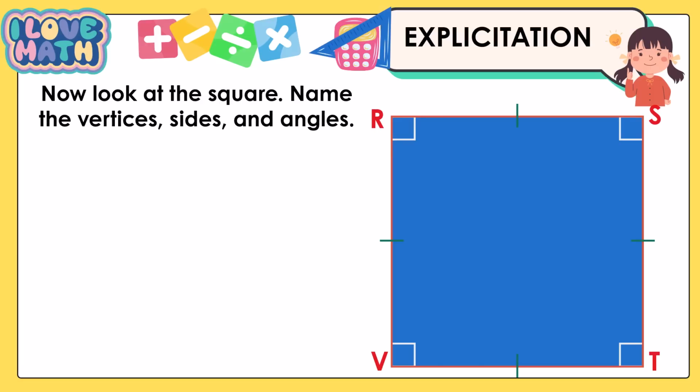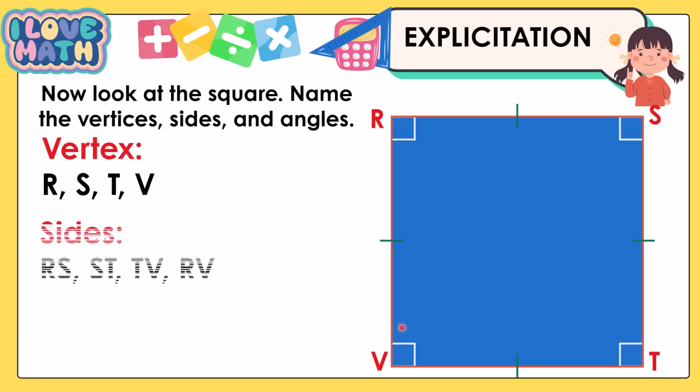Now, look at the square. Name the vertices, sides, and angles. Vertex: R, S, T, and V. Sides: RS, ST, TV, RV.